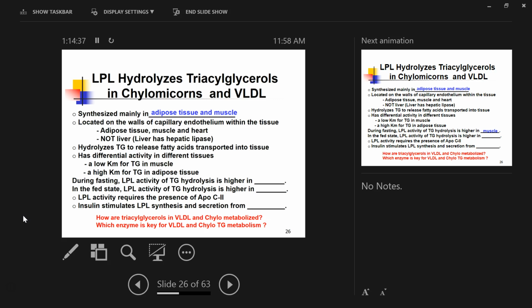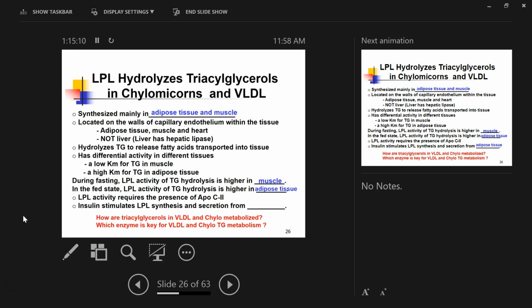So during fasting, LPL activity is higher in which tissue? Muscle, yes. So muscle tissue has higher LPL activity during fasting. And what about in the fed condition? Which tissue? Adipose tissue, right? Okay.